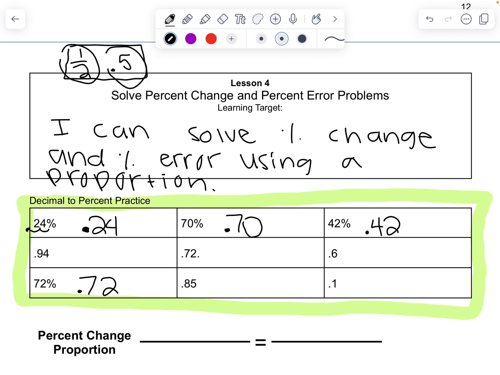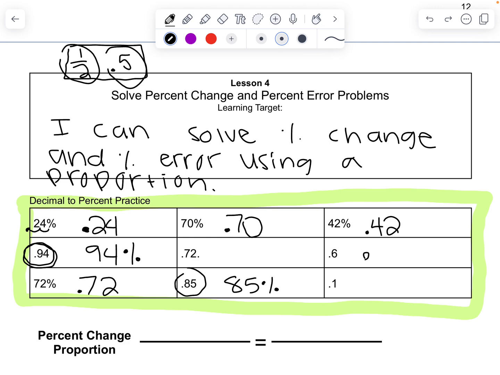Now if we're going to go the other way, like here we have the decimal 0.94, that is the same thing as 94%. 0.85 is the same thing as 85%. 0.6. Now, some of you are maybe thinking, oh, that's the same thing as 6%.